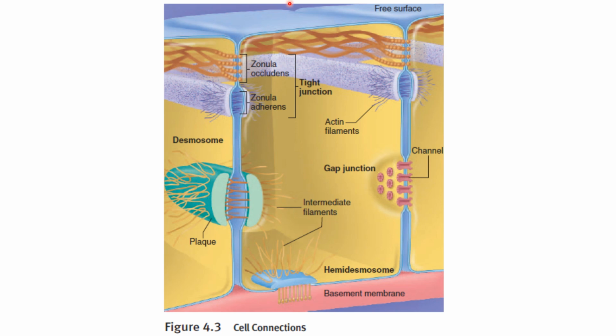They allow passage of substances only through cells, not through the spaces between the cell membranes of two cells. So they are called tight junctions. Tight junctions have two zones, the zonula occludens and the zonula adherens.